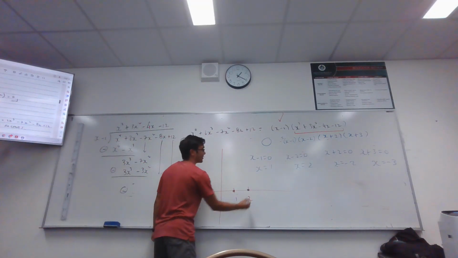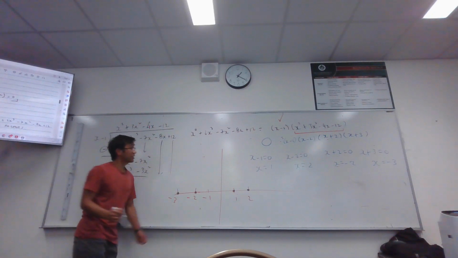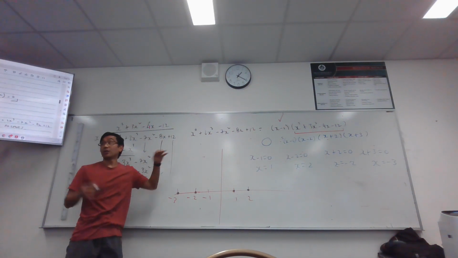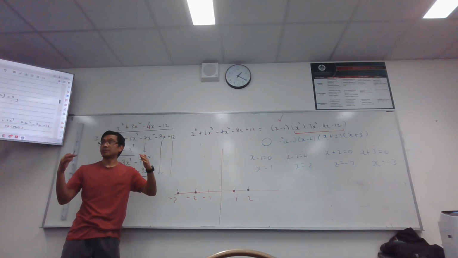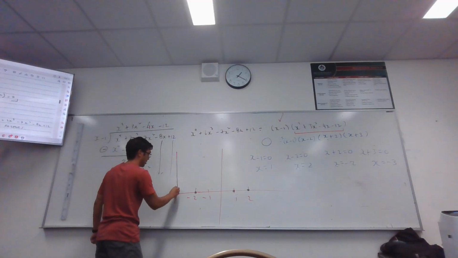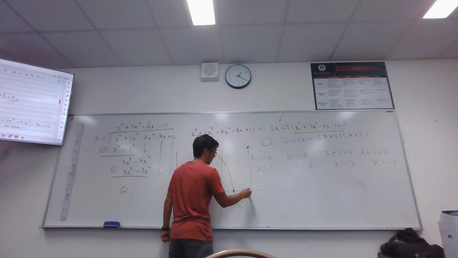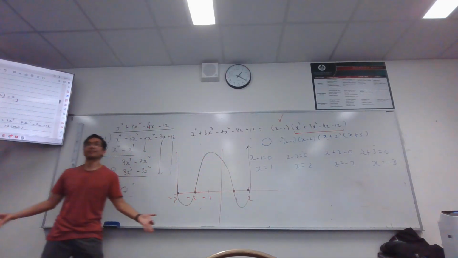It's going to hit here. It's going to hit here. It's going to hit here. We want a quartic. Exactly that. It's like that. Oops, I missed it. You get the picture.